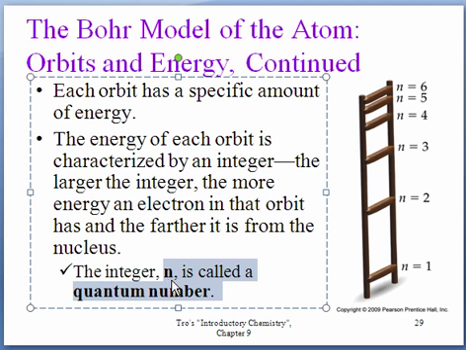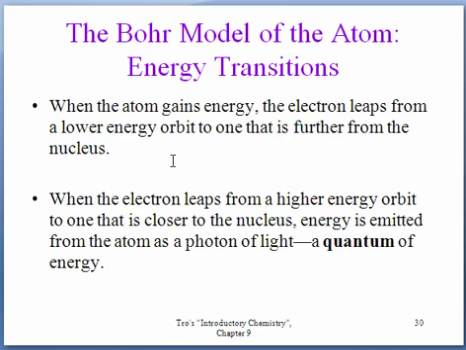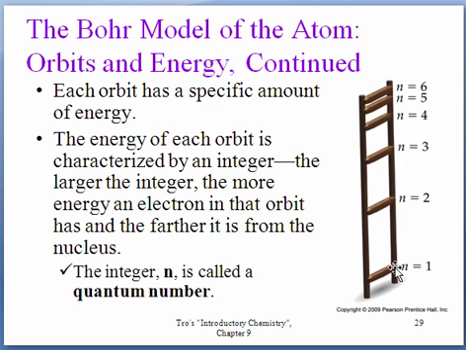Bohr theorized that when an atom gains energy, the electron goes from a lower energy orbit to a higher one. So if an electron was here and it gained more energy, it would go up to another shell or another energy level. And it could be this one, or this one, or this one, or this one, just depended how much energy it actually absorbed.